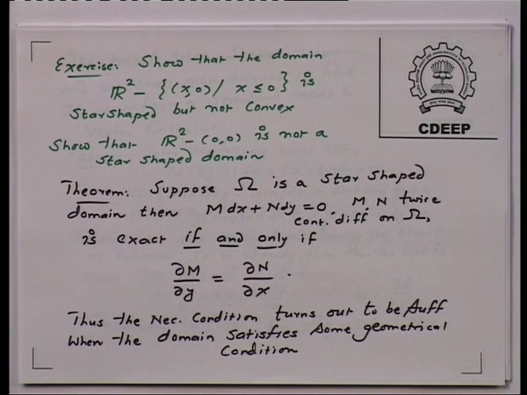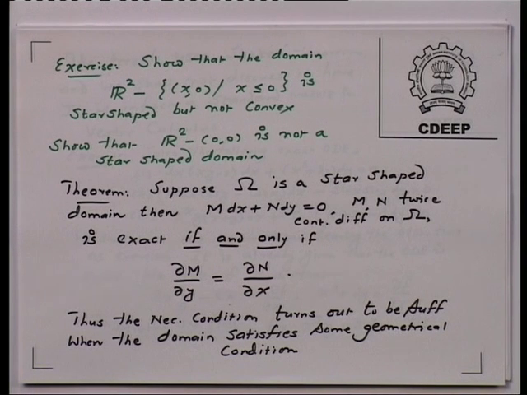Some domain geometry is required for you to pass from the local information to the global information. The necessary condition in this case becomes a sufficient condition provided the domain satisfies certain geometrical hypothesis such as star shaped domain. In particular, every convex domain is star shaped.